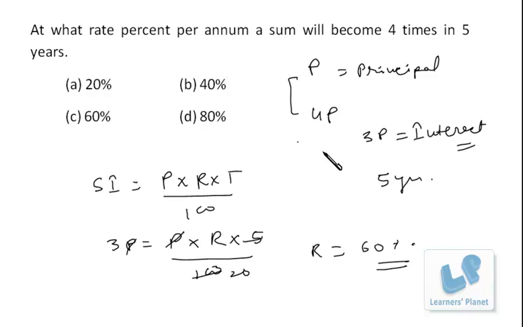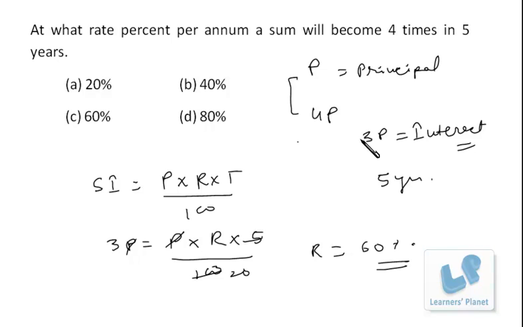Friends, you have to be clear with this concept that if the amount is getting 2 times or 3 times or 4 times or maybe 5 times, what is the interest portion? Because in this case we have to take the interest portion over here. Generally students make the mistake that if the amount is getting 4 times, they just put 4P over here and eventually they get the wrong answer.